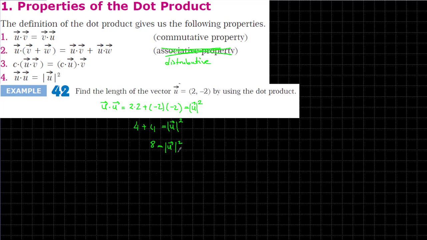You get the result by taking the square root of 8, so the length of u is equal to square root of 8, or 2 root 2. By the way, when you take the square root you should get positive and negative, but since it is a distance, we get only the positive one.